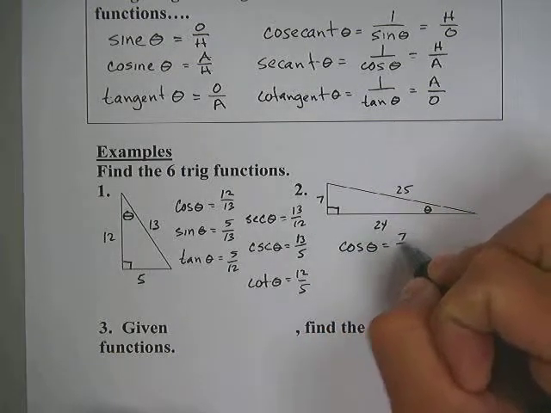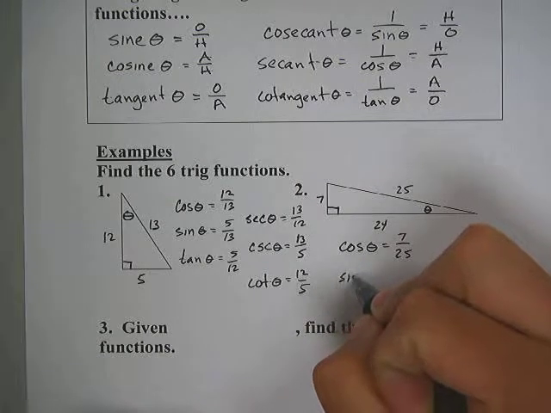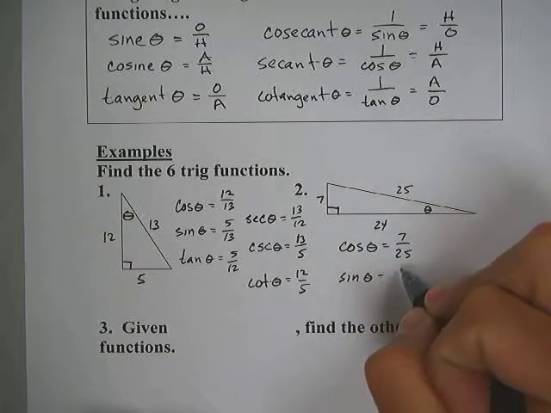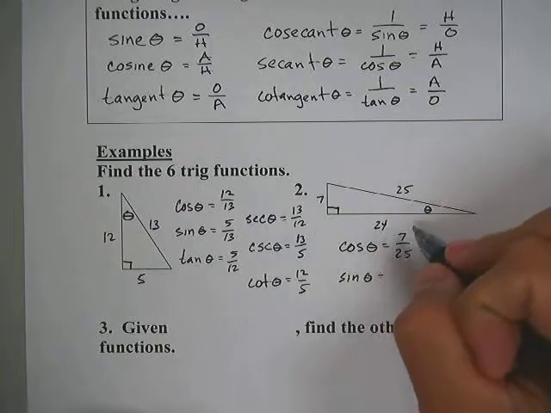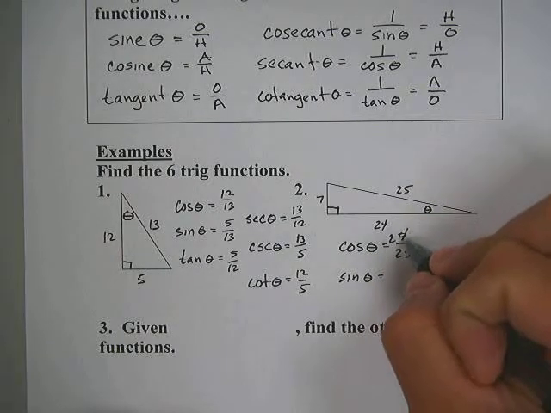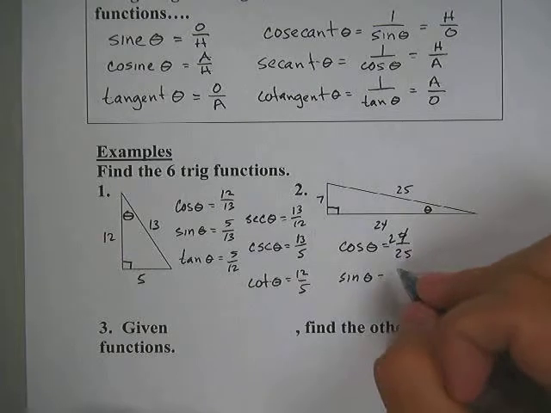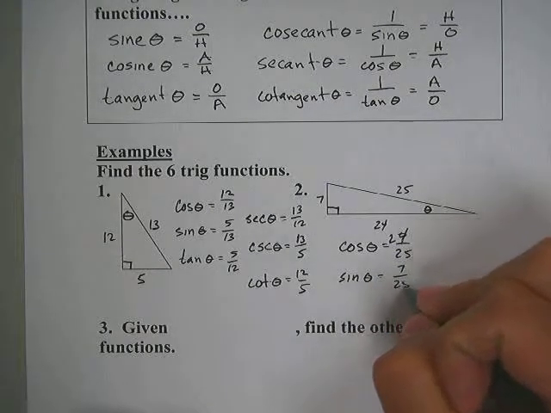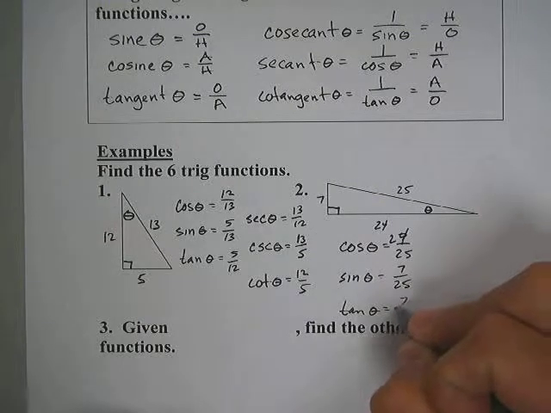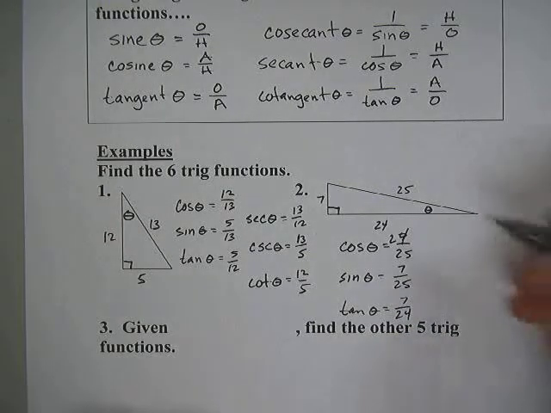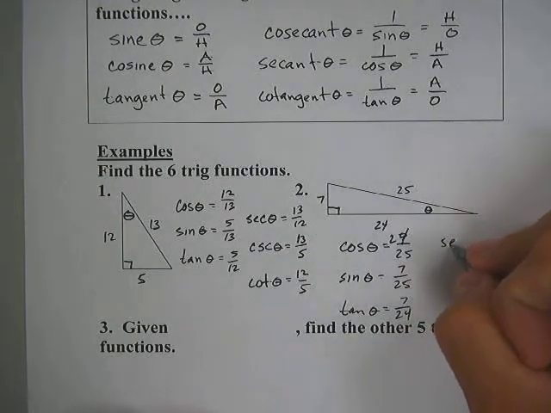Okay, so here are the 6 trig functions. I'm going to start with cosine. Cosine of theta is adjacent over hypotenuse. Sine of theta is, oops, sorry, I said adjacent and I wrote opposite. This should be 24. Opposite over hypotenuse.